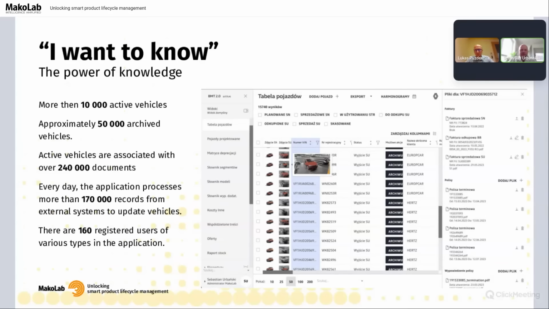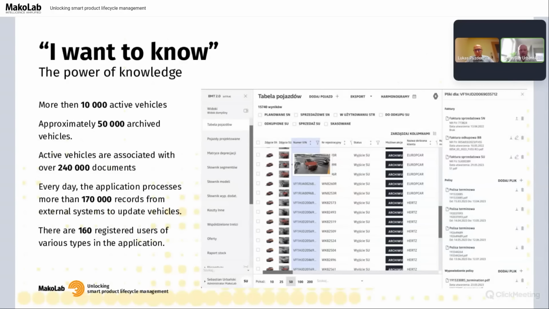He needs to know, because at this moment we are tracking, for example, more than 10,000 vehicles in the life cycle. Already in our archives we have more than 50,000 vehicles. All vehicles in archives are connected with more than 2,400 documents regarding all of the vehicles.